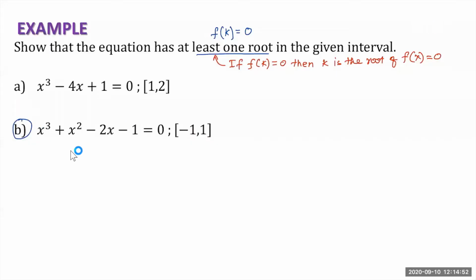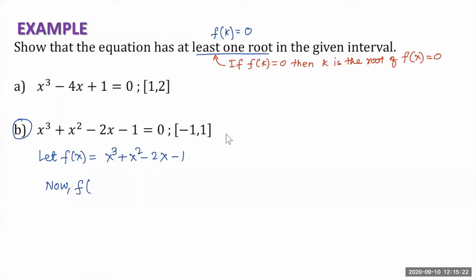Now part B, we are going to consider the left-hand side of the equation as a function. So let's say f of x is equal to x cubed plus x squared minus 2x minus 1. We have to prove that there is a root in this interval from -1 up to 1. So -1 is a, b is 1. We plug in these values.